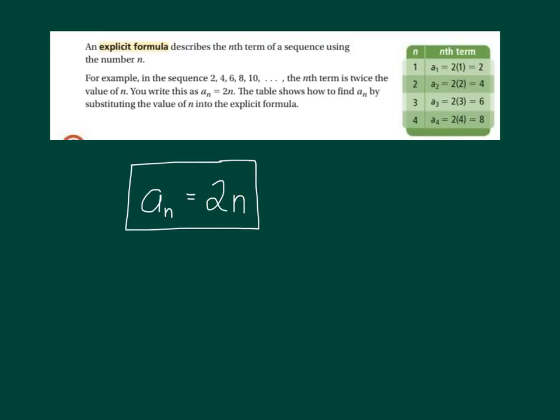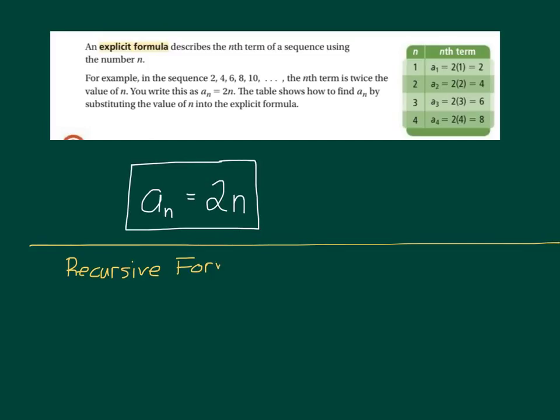That's what explicit means. Now the vocab is important because instead of explicit, you could be asked for a recursive formula. Okay? And we are going to write the recursive formula for the same sequence, 2, 4, 6, 8, 10.